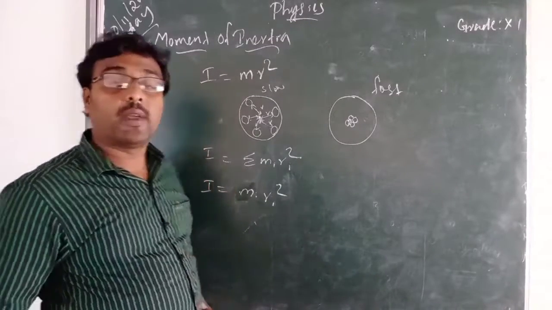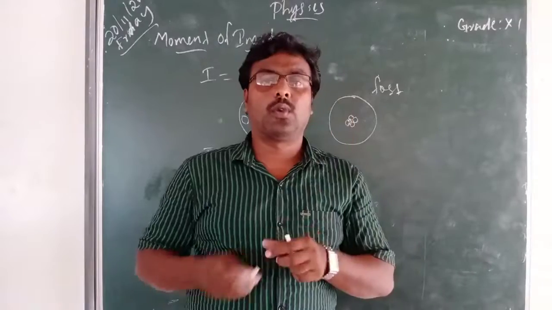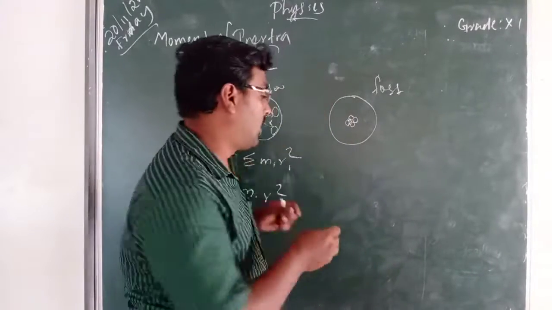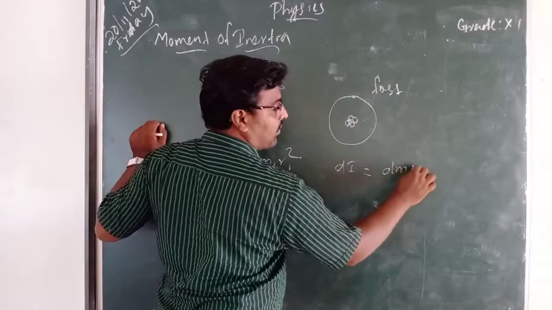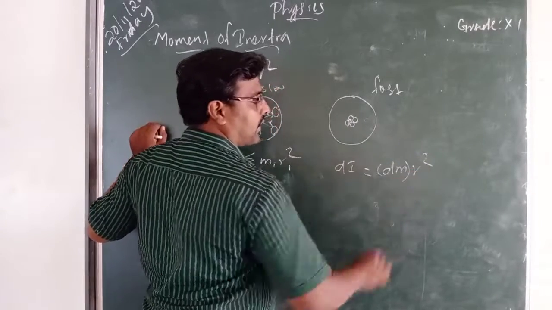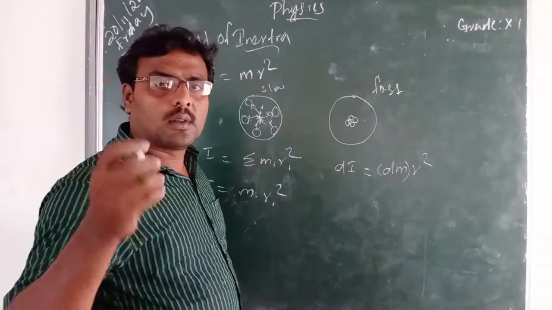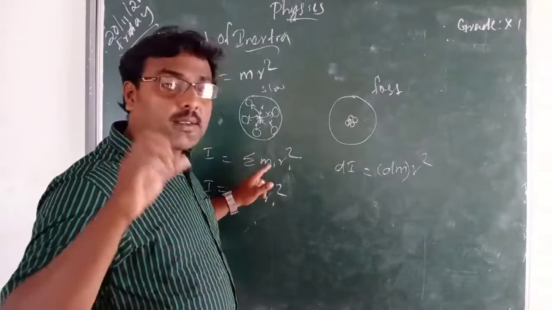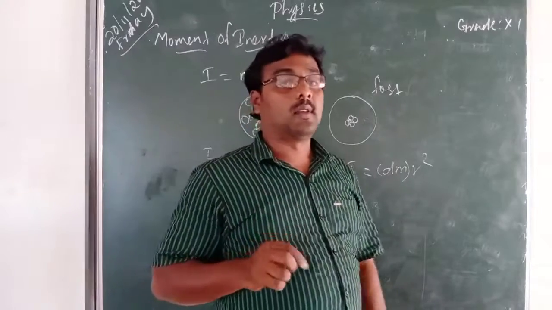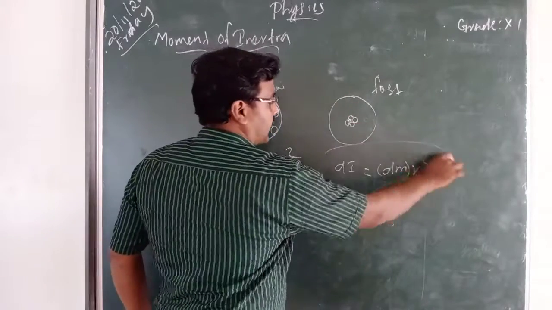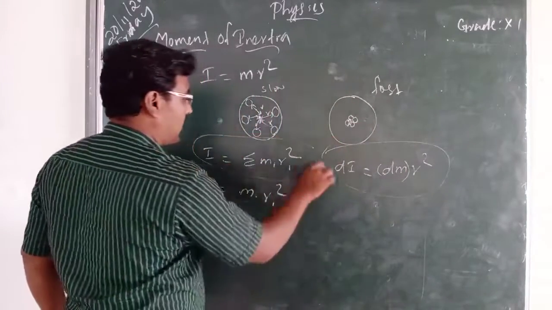And for an infinitesimal object, a very small object, we are using dI is equal to dm r square. Here dm means small mass, m means mass, and r means distance. This is the moment of inertia formula.